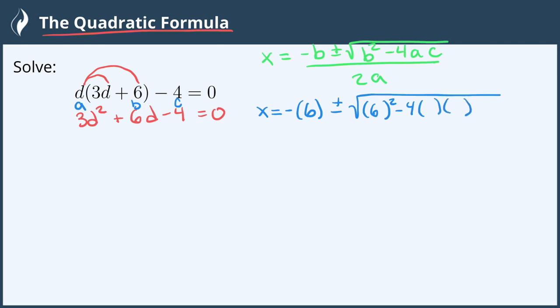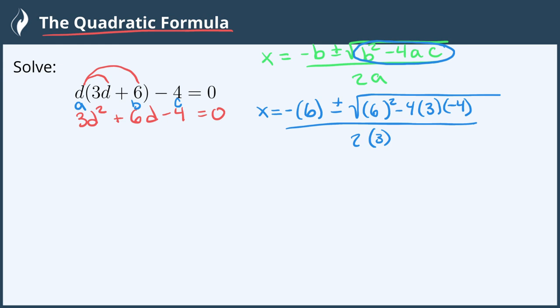This just helps make sure that we don't miss any negatives, and so just make sure that you get those parentheses. A is 3 and c is negative 4, and this is all over 2 times a, which is also 3. At this point, some of you may have already seen that the inside of the radical is the discriminant, or the discriminant came from the quadratic formula inside the radical.